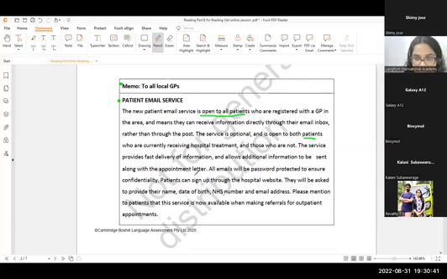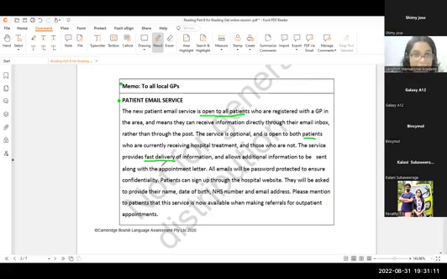Next sentence, Anita. The service provides fast delivery of information and allows additional information to be sent along with the appointment letters. So this email service gives fast delivery without wasting any time, and extra information can also be sent along with an appointment letter.